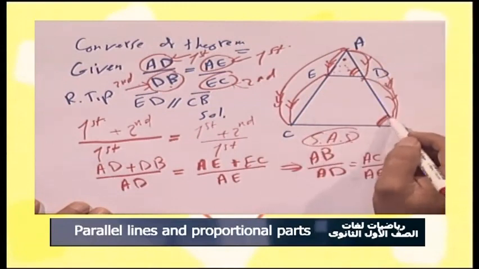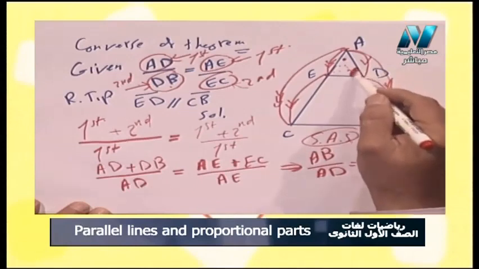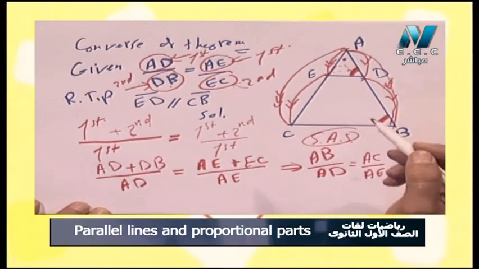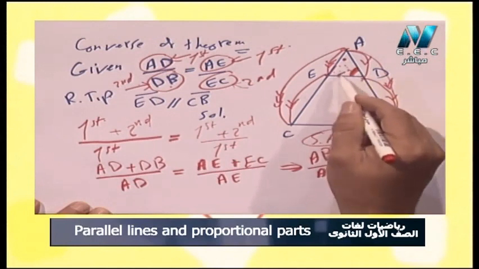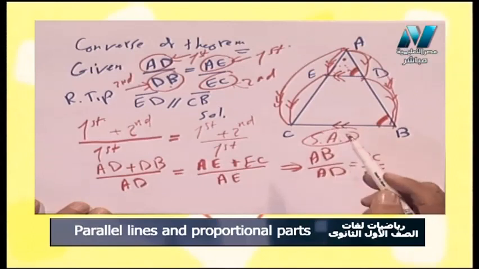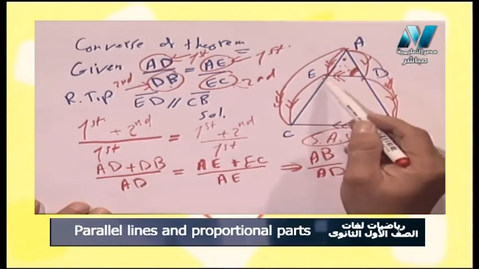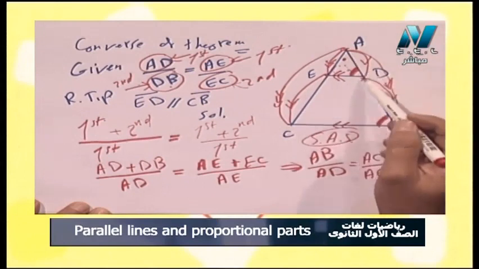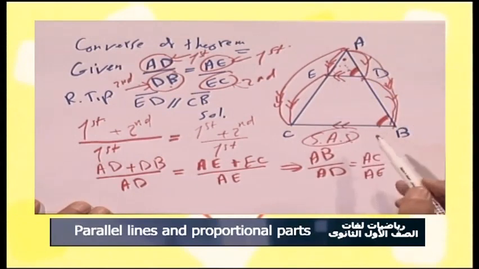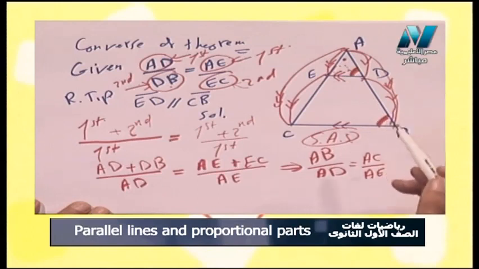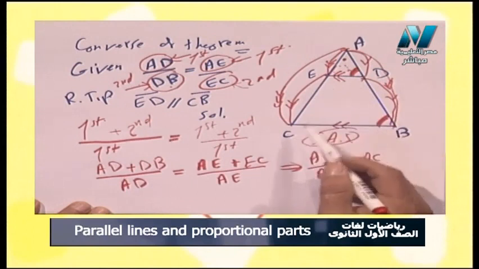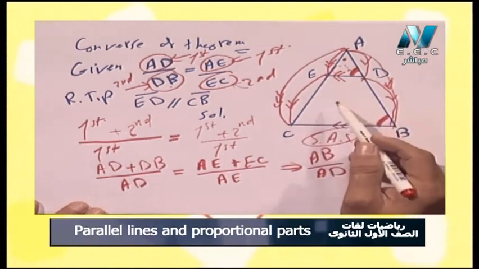And as we see here, these two angles are corresponding. So we can easily deduce that DE is parallel to BC. So if we have AE over EC equals AD over DB, we can deduce that DE is parallel to BC, and this is the converse of theorem 1.